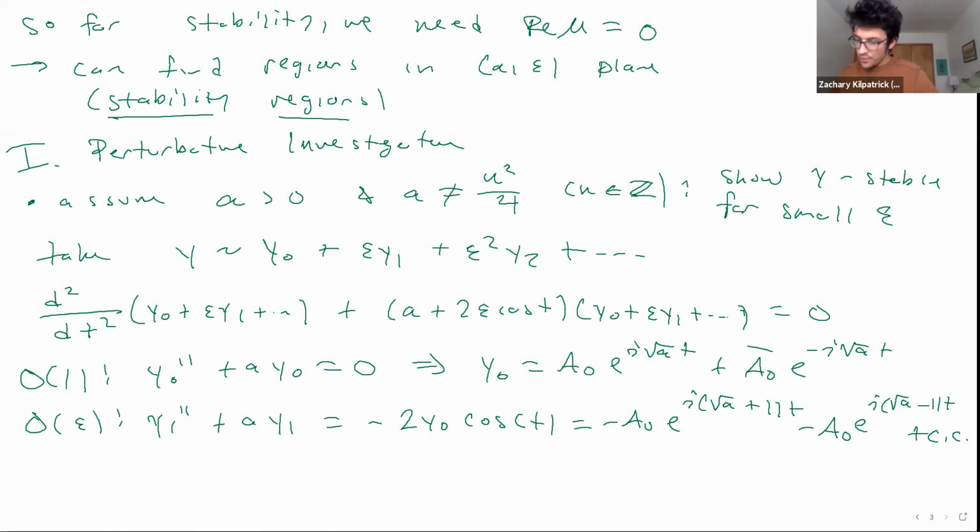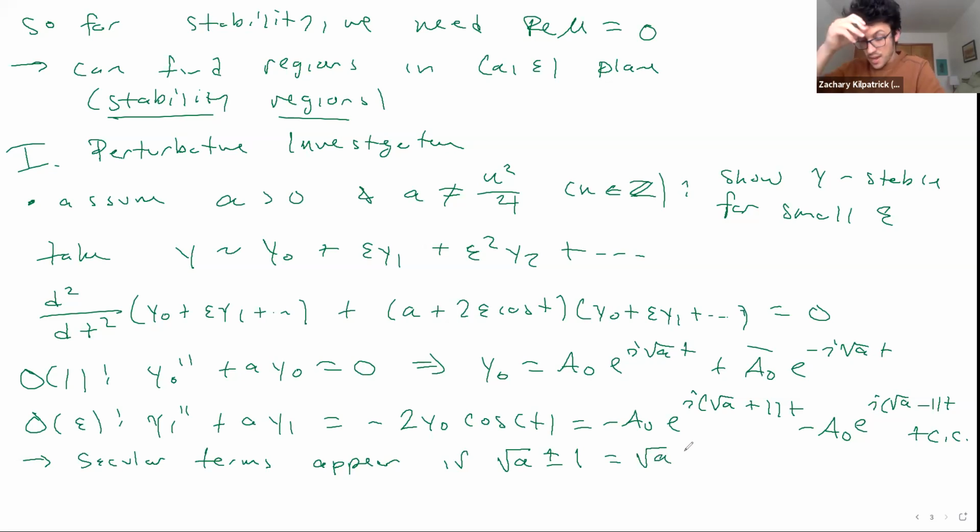Now, what we see here in terms of secular terms is that secular terms appear if the square root of a plus or minus 1 is equal to the square root of a. And this is only going to occur if a is equal to a fourth. But remember up here, I said to exclude these. That's the reason to exclude them, to avoid secular terms. So we're going to assume that doesn't happen.